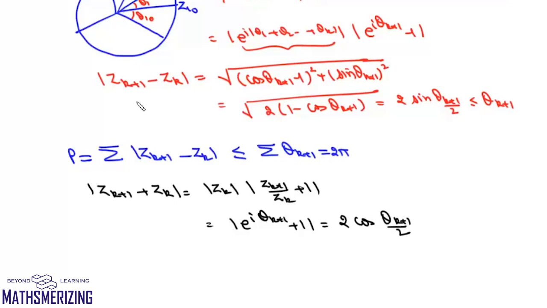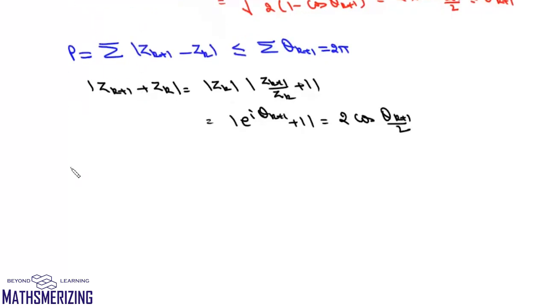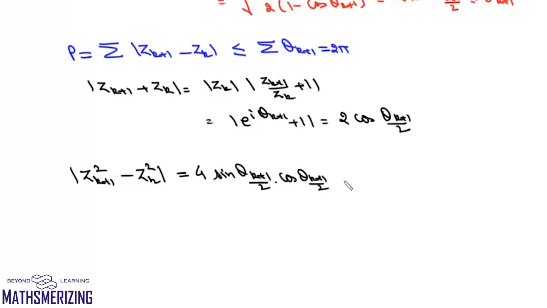Now we multiply them, then we can write mod of zk plus 1 square minus zk square will be equal to 4 sin theta k plus 1 by 2 into cos theta k plus 1 by 2, or 2 sin theta k plus 1, and it will be less than or equal to 2 theta k plus 1.